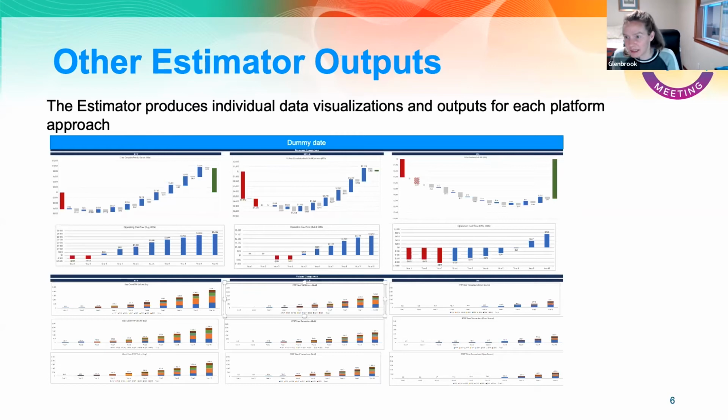And you can look to see what numbers are resulting from those and choose to either go back and change certain inputs if you think it's not representative of your reality, or you can use that information to help drive your decisions. So the outputs are pretty robust.